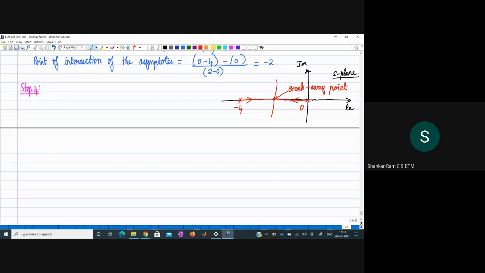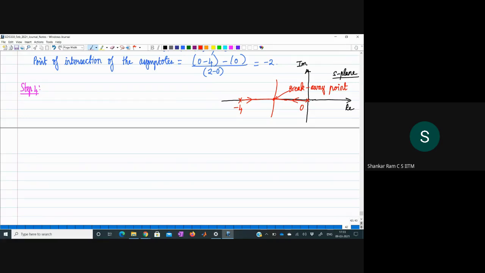They intersect each other, and then they go away, right? So that's what is called a breakaway point. Now the question is, how do we find such breakaway points to begin with?